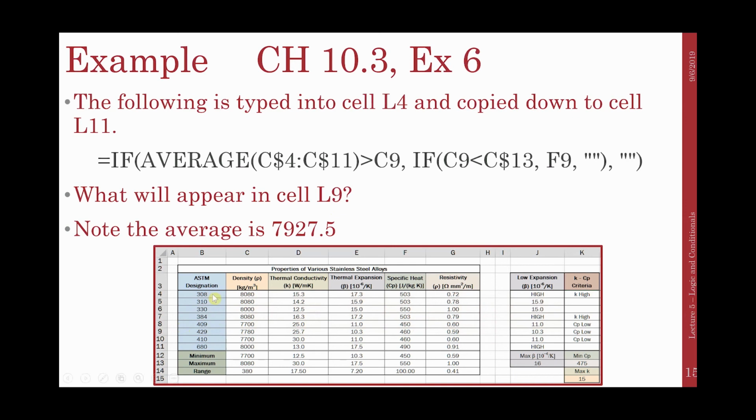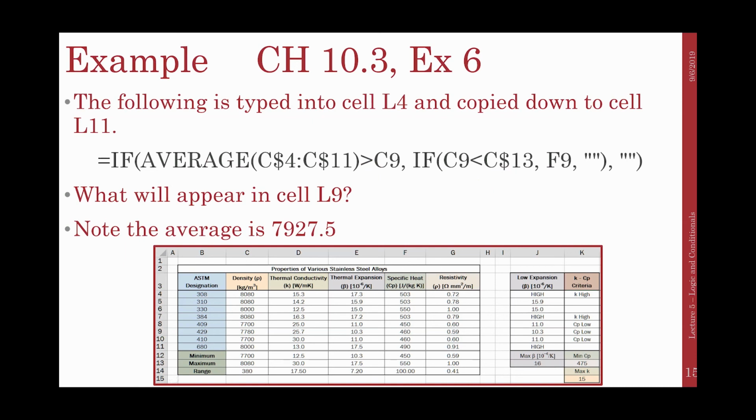So in cell C9, I have 7,780, and the average is greater than the value in C9, so this first logic statement is passed. So we're going to move on to our second logic statement, which is asking if the value in C9, which again is 7,780, is less than the value in C13, where C13 is our maximum.